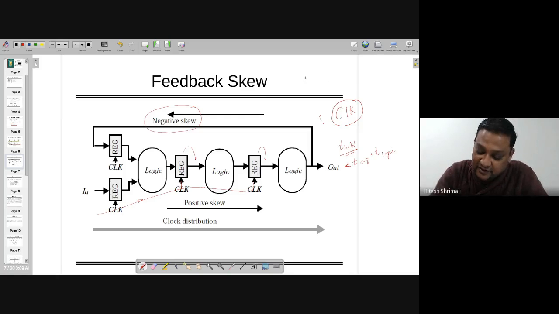And for the t clock, as we already know, it has to be greater than or equal to contamination delay plus the logic delay plus the setup time, right? And considering the delta delay, which is coming from this skew, either on the positive side or negative side, you can design the registers or logic separately, or you can apply the clock after knowing what the value will be, right?